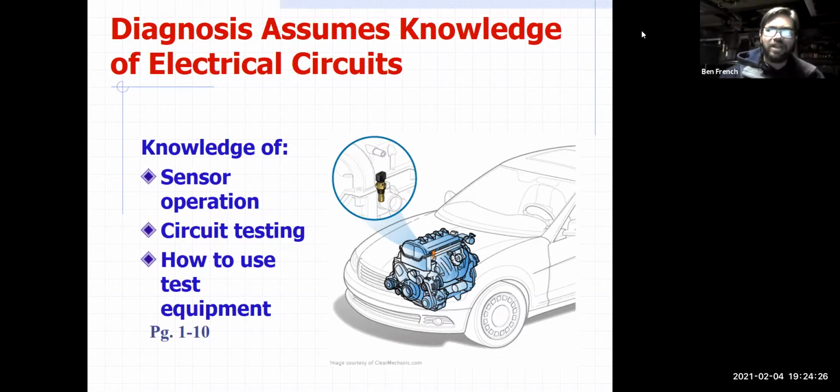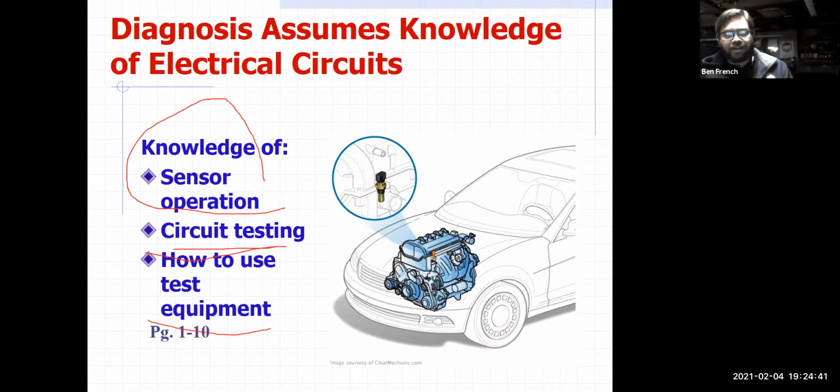That really built upon our knowledge of OBD1, which included how different sensors work and how we test those circuits with our meters and other test equipment. But now we had all this extra onboard diagnostic capability, and how do we leverage that?